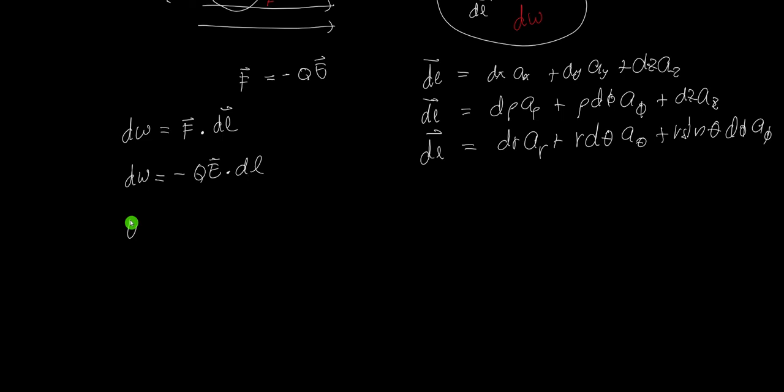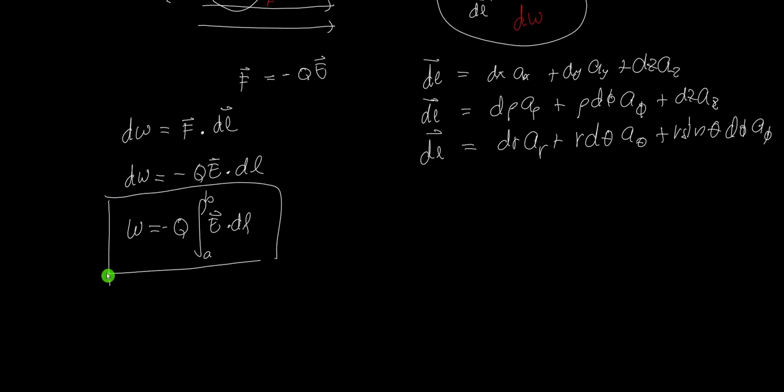So the total work done from point A to point B is just equal to negative Q, and we can move that Q outside the integral sign because it's just a constant, times the integral of E dot dl from point A to point B. The limit here depends on your dl, and we already know how to evaluate this.